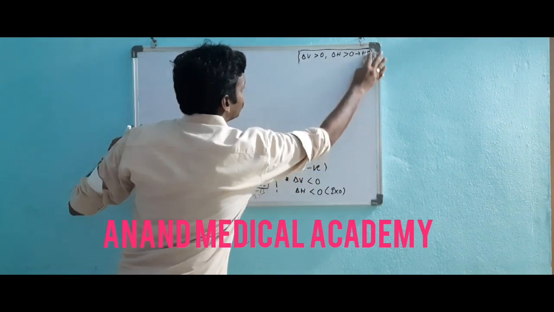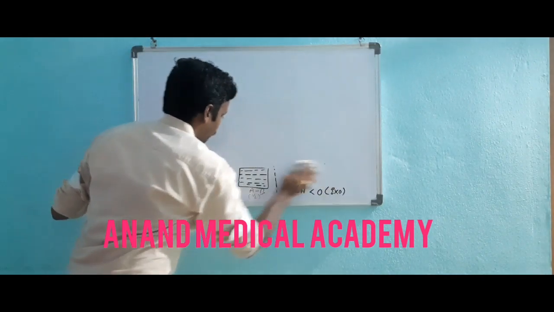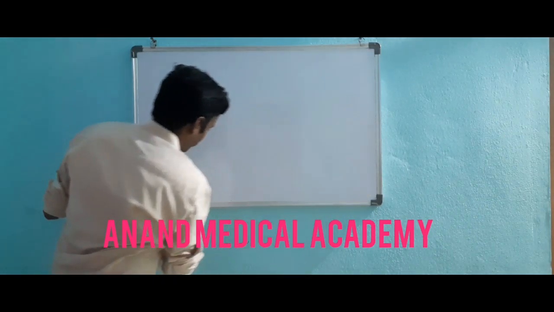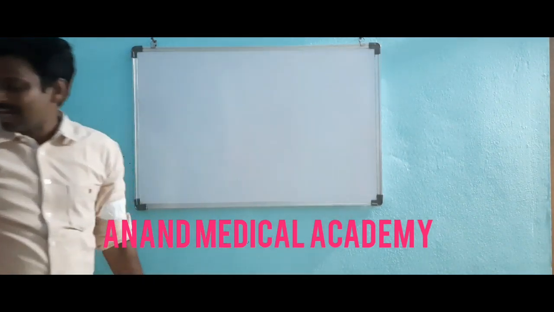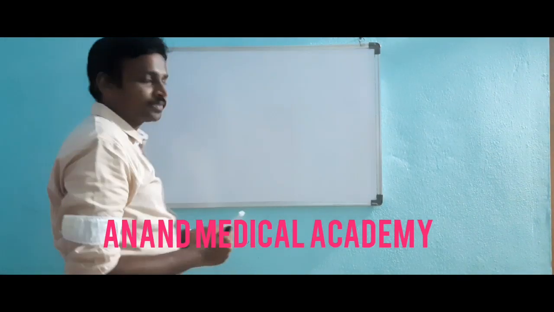Non-ideal solutions, as I told you, show a positive deviation as well as a negative deviation. So how can you represent that deviation in a graph?